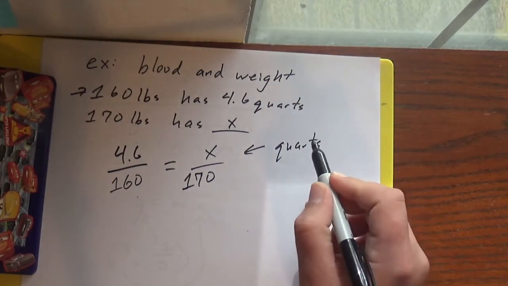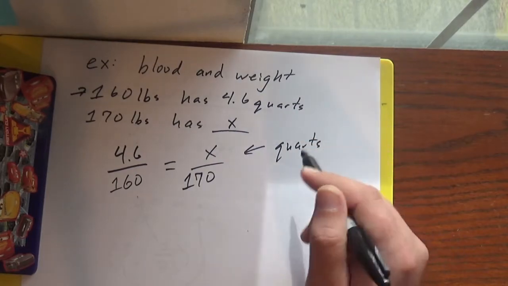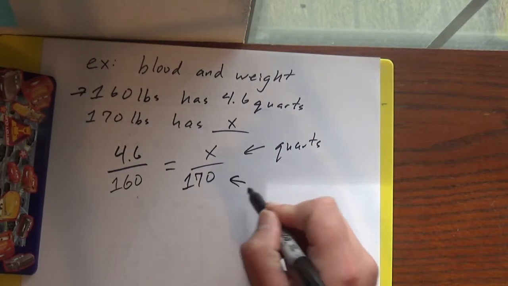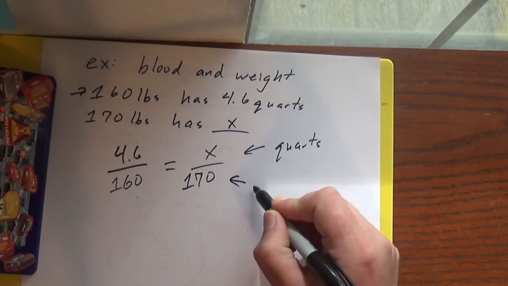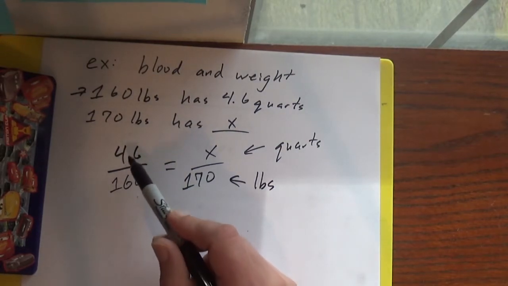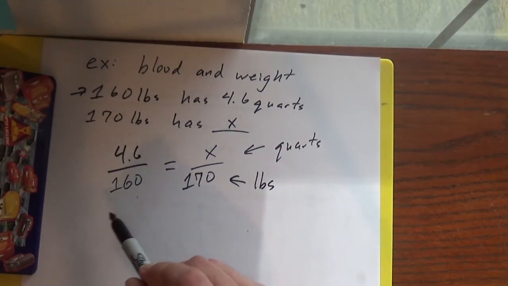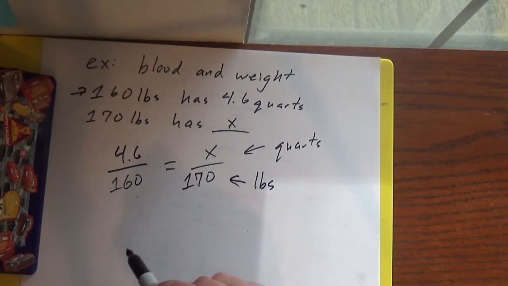Now you could put them on bottom, but the thing is, if it's on bottom, you're adding an extra step to solving this thing. So it's easier to just do the thing you don't know on top. So I got quarts on top, pounds on bottom. Now this is just a number. Whatever that is, it's a number. And over here, to solve for x, I've got x divided by something.